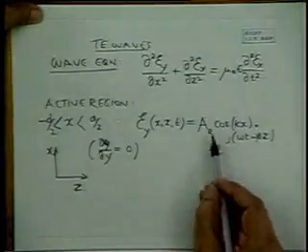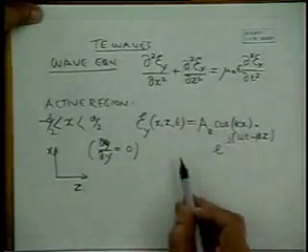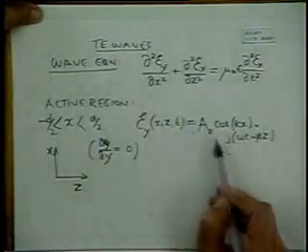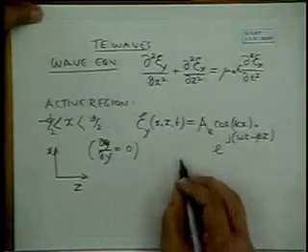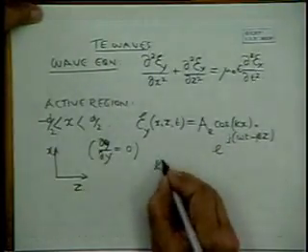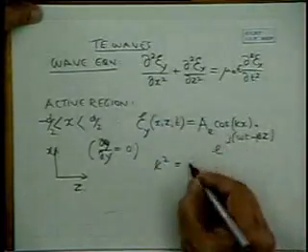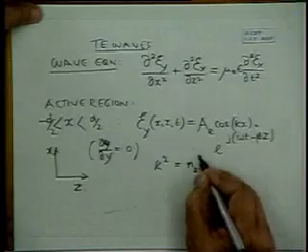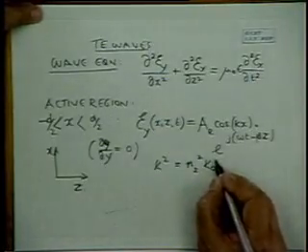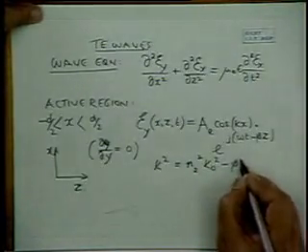And if we substitute this back in this expression and equate the left hand and right hand side, we'll get a relation. Obviously, k squared is equal to n2 squared k0 squared minus beta squared.